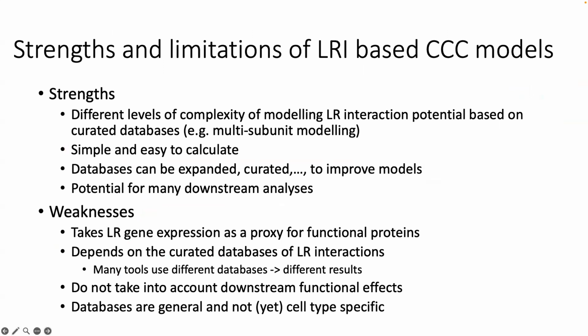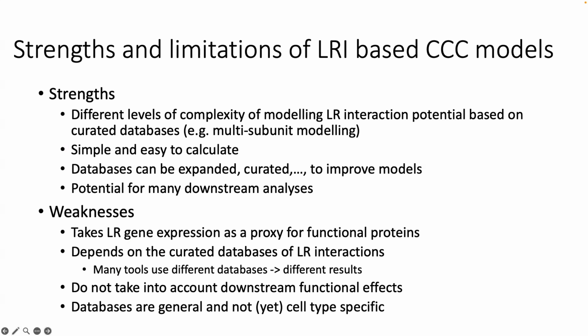So as I said, there are a number of pros and cons of this approach. Some of the pros is that you can do this complex modeling in some of the tools. It's simple and easy to calculate. These databases of ligands and receptors can be curated and improved to improve the models over time. And once you have the results, you can do many downstream tasks with that.